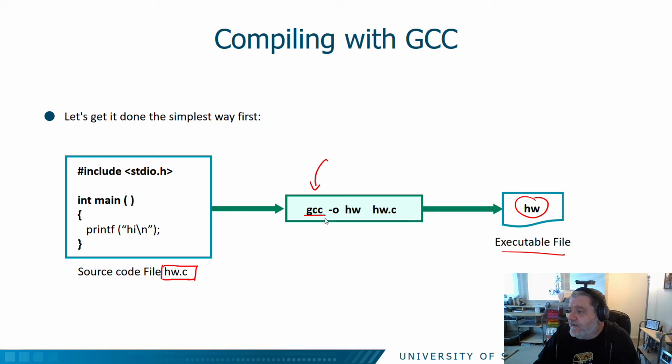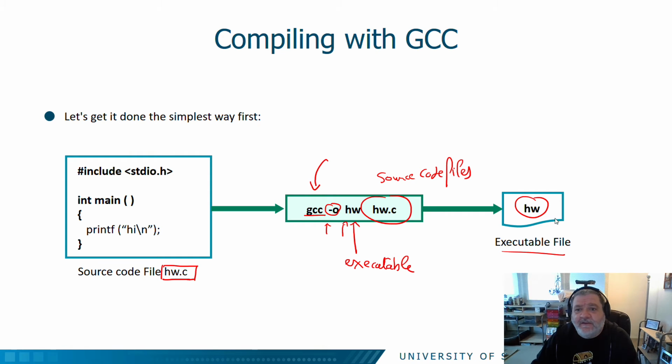GCC is the name of the compiler, one or more spaces, -o, no space in between, more spaces, the name of the executable file that you want to create, and the name of the one or many source code files that you need to compile together in order to obtain that executable.